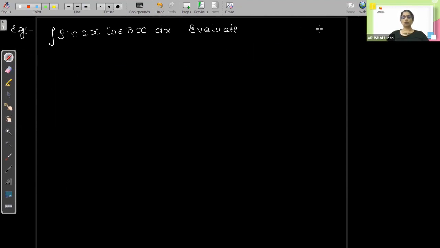Okay, so the formula is 2 sin x cos y. That's equal to what? That's equal to sin x plus y plus sin x minus y.